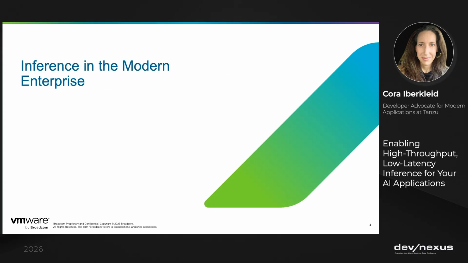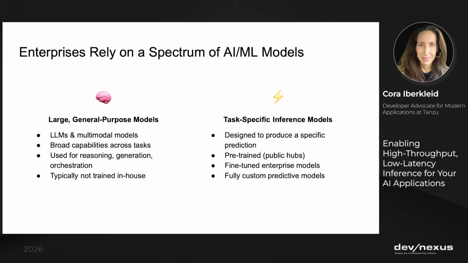So, inference in the modern enterprise. There's a lot of buzz, obviously, or a lot of excitement around large language models, but there's a spectrum of AI, ML models that are used by enterprises.